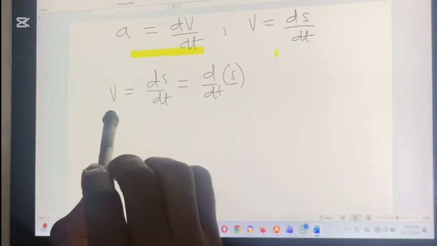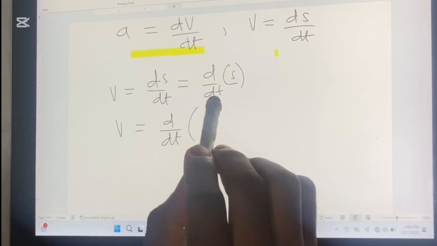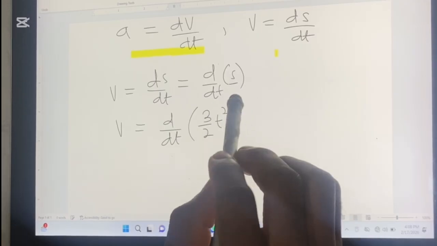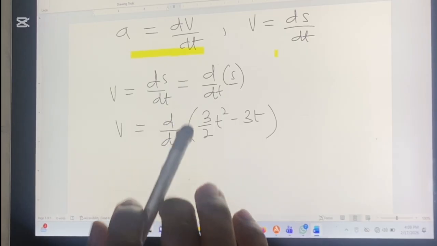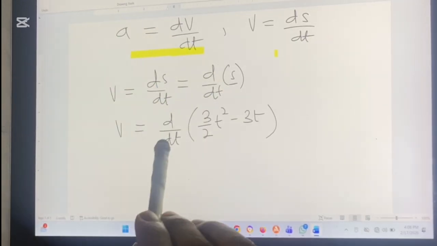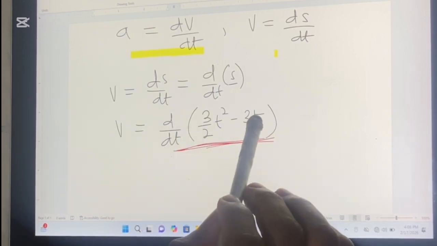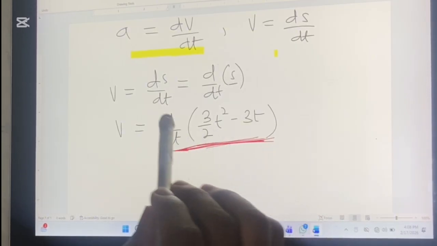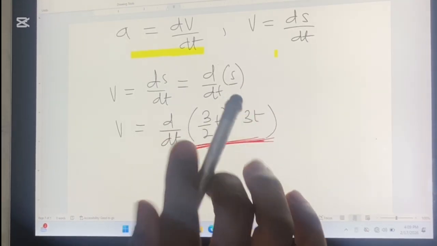So v is equal to d over dt into 3 over 2 t squared minus 3t. So what does this expression tell us here? It means that we should differentiate this expression. That's what it means. d over dt of 3 over 2 t squared minus 3t simply means differentiate this. And when you differentiate, the symbol of d over dt will not be here again. Please take note.